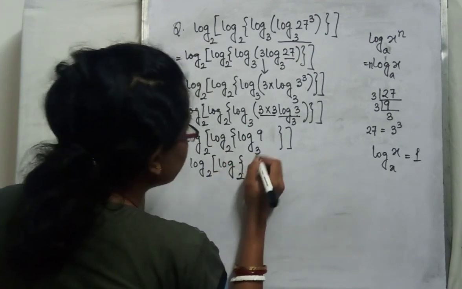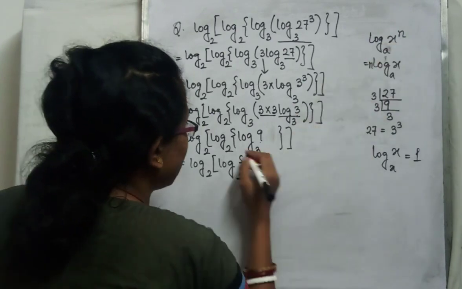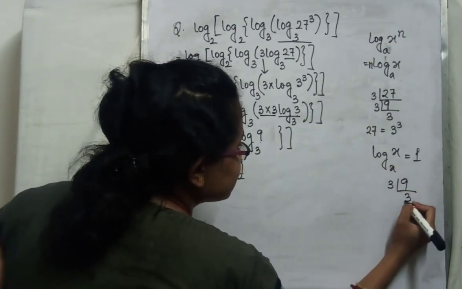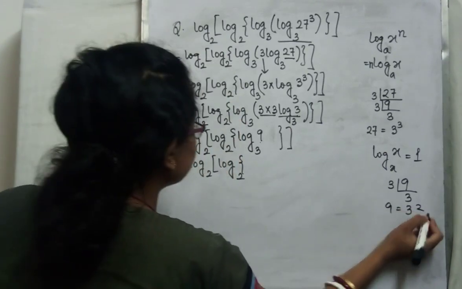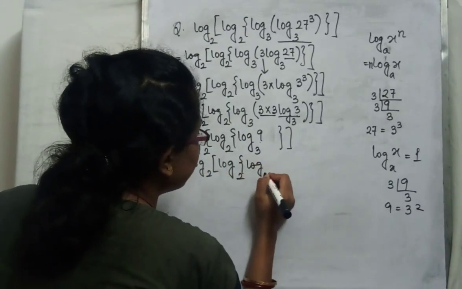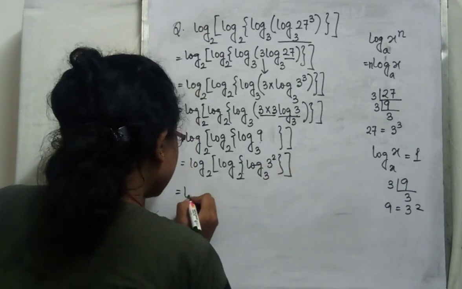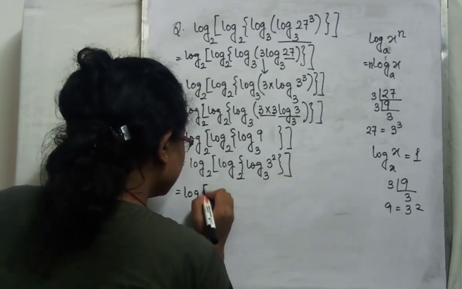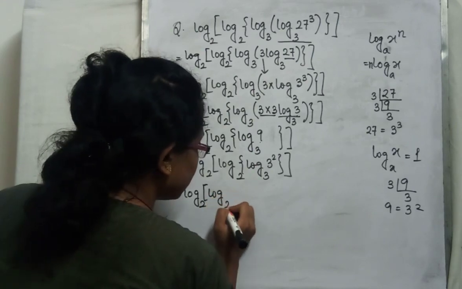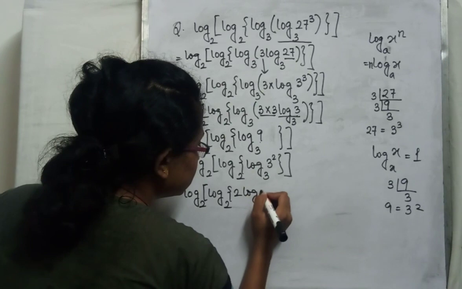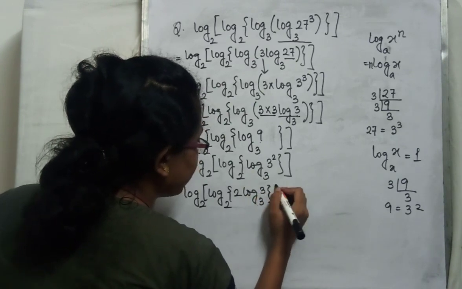Here I am using this formula again. So factorize 9 equal to 3 square. In the next line, this will be 2 log 3 base 3.